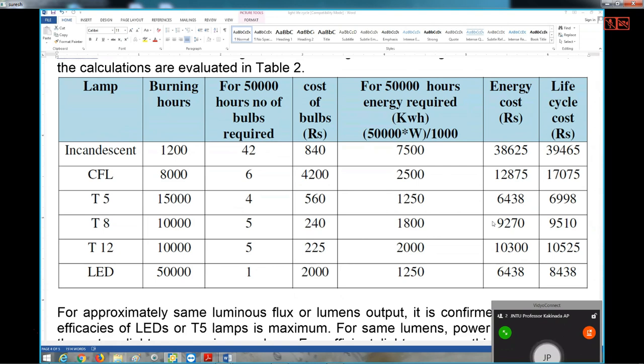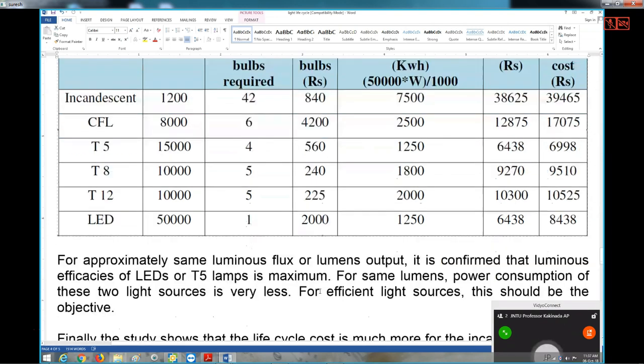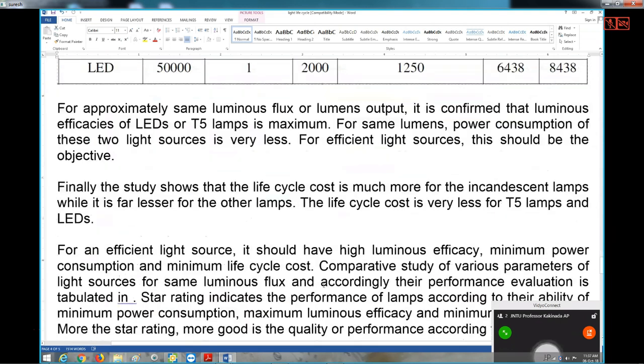LED lamp takes only 8,438 rupees. By this comparison table, finally we can say that using LED lamps in our modern life saves much more energy as well as much more in electrical tariff.